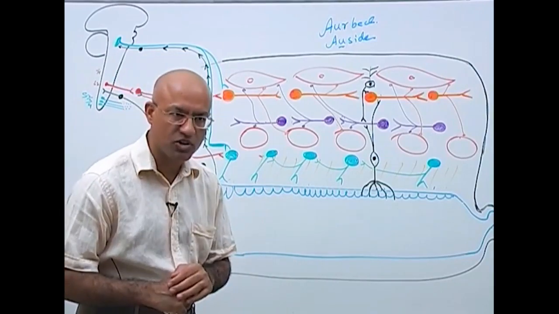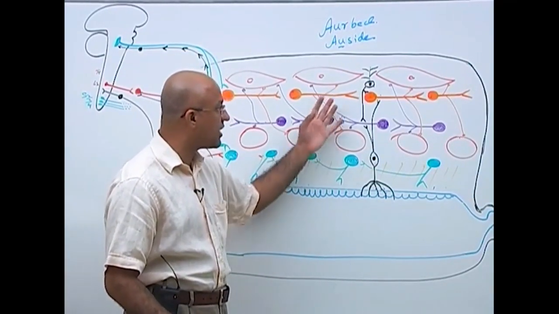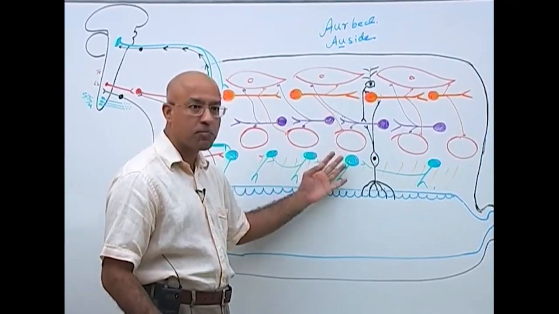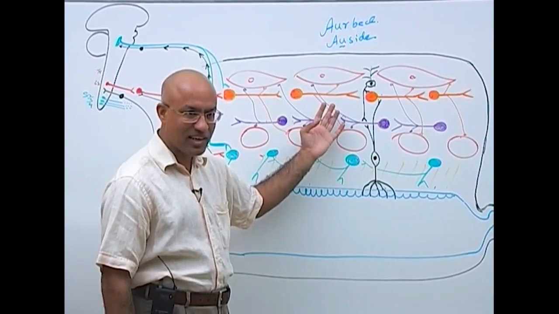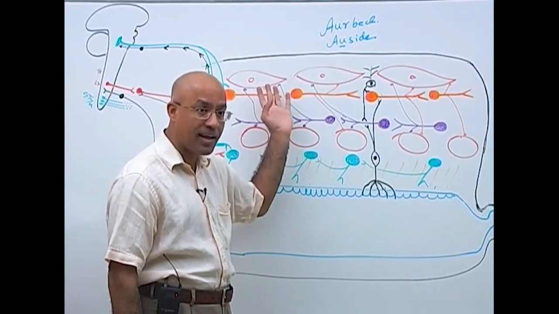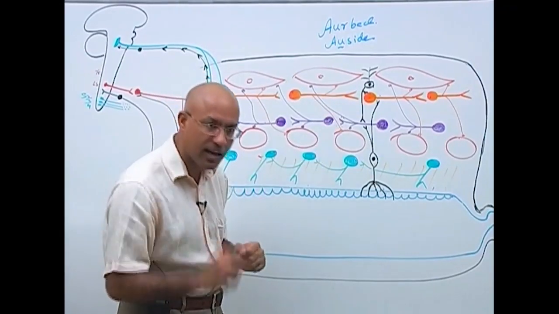That is why these neuronal plexuses are also called the mini brain. They can be influenced by autonomic supply, sympathetic and parasympathetic, but they have their own intrinsic activity as well.